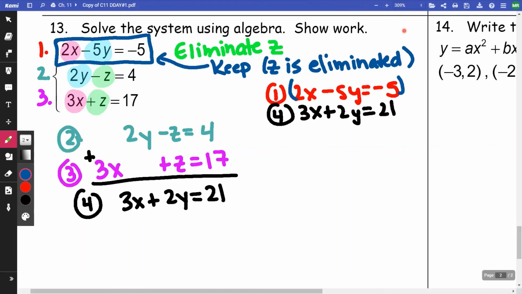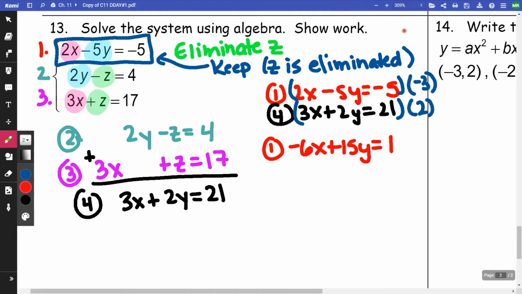So I'm going to multiply one of these by a 3, one of them by a 2, and one of them I'm going to make negative. Let's say I multiply this one by a -3, and I multiply this one by a +2. So my new equation 1 is going to become -6x plus 15y is equal to 15. My new equation 4 is going to become 6x plus 4y is equal to 42.